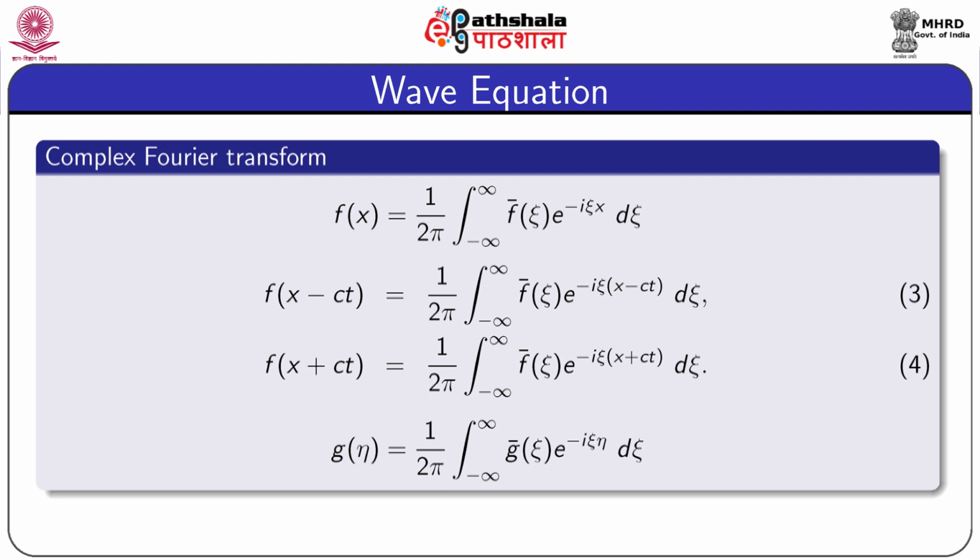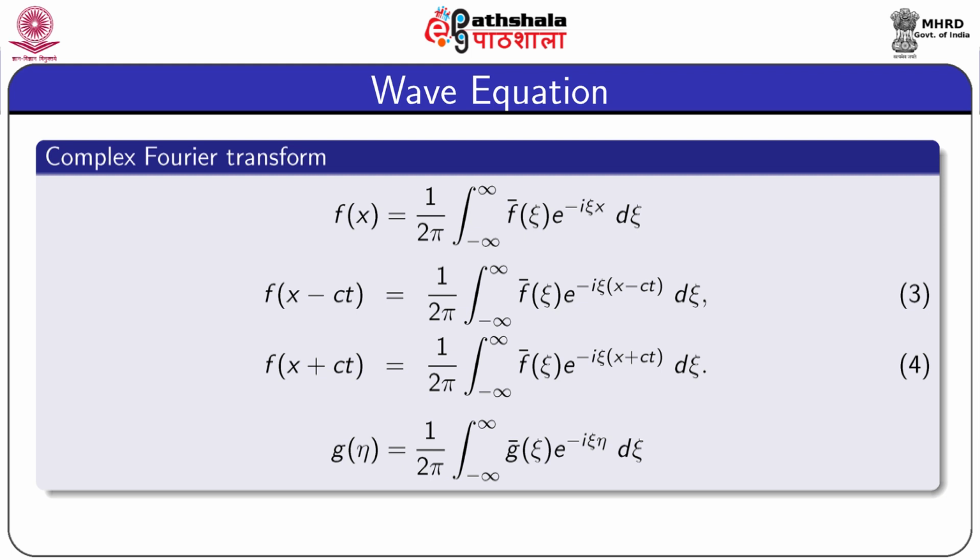We know the expression for f(x). This is the inverse Fourier transform of f̄(ξ). So f(x) equals 1/2π integral from minus infinity to plus infinity of f̄(ξ) e^(−iξx) dξ.